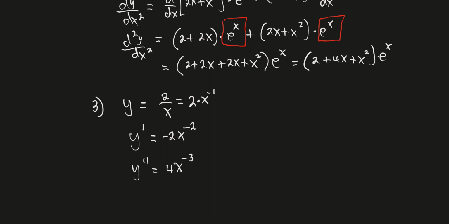Right? Now, again, if we think back when we did the polynomial, we notice each time the power got lower and lower until all the terms, after repeated differentiation, ended up being equal to 0. Well, that's not going to happen here. First of all, this is not considered a polynomial because you have a negative exponent.